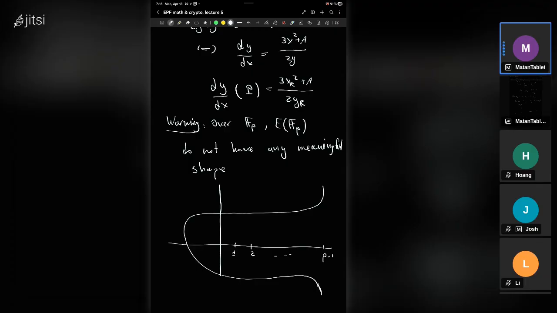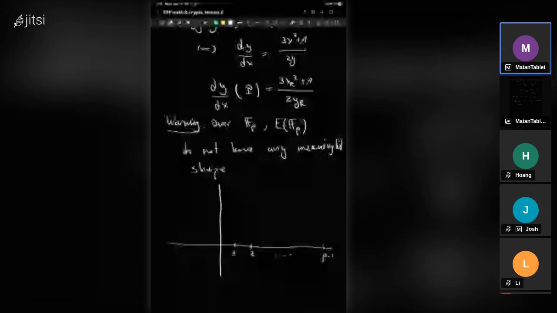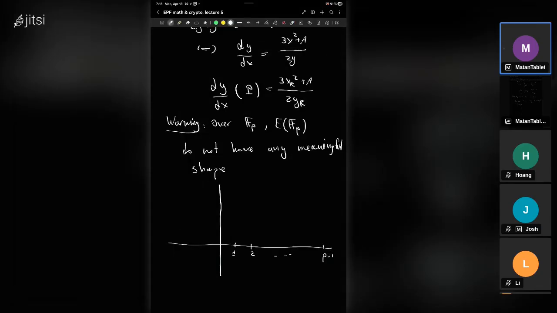But this is very, very wrong, because remember that the arithmetic that we have over F_p is not addition and multiplication of the integers. It's addition and multiplication modulo p. So things that are equal modulo p will stay equal, and things that are equal without modulo p will stay equal, but you will have many other things that come because of the modulo p arithmetic.